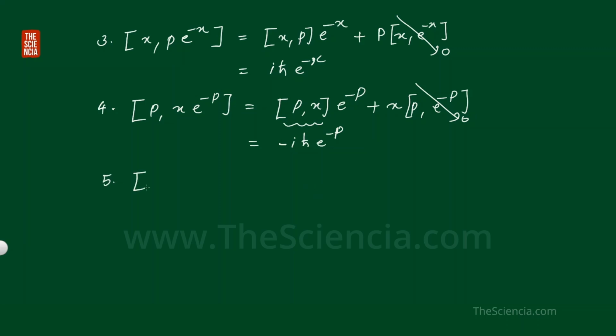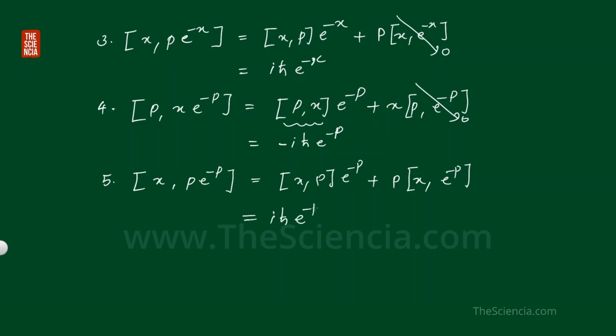Fifth one: the commutator bracket x comma p e raised to minus p. So we can expand, that is [x, p] e^(−p) plus p [x, e^(−p)], right? So this is equal to, we know [x, p] is iħ, so iħ e^(−p) plus p into, here this is a function of p, so first you have to take the commutator of x and p into the derivative of this function, that is the derivative of e^(−p).